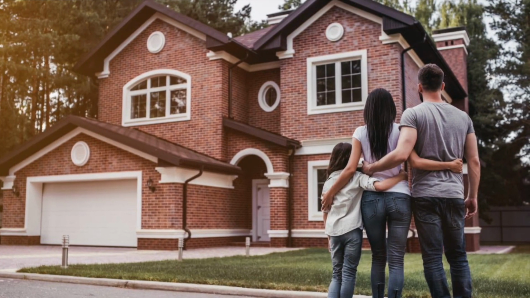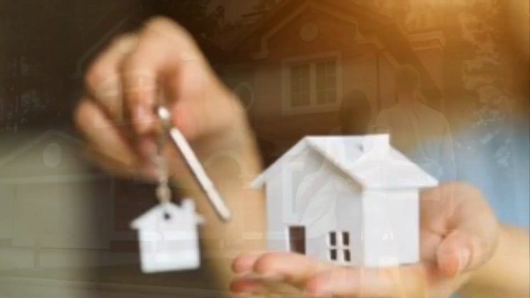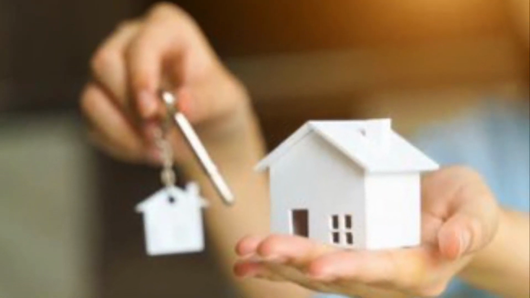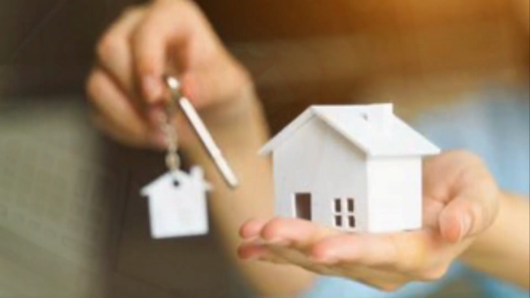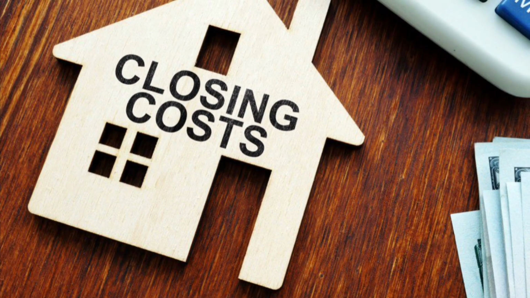Okay. If the seller does not agree to complete the repairs or give a credit to the buyer on the closing cost, the offer can usually be resigned by the buyer, and the whole process starts all over again with a new buyer. Okay.